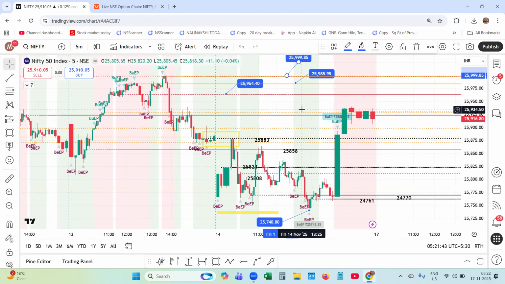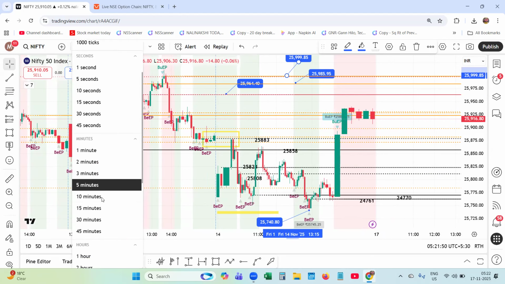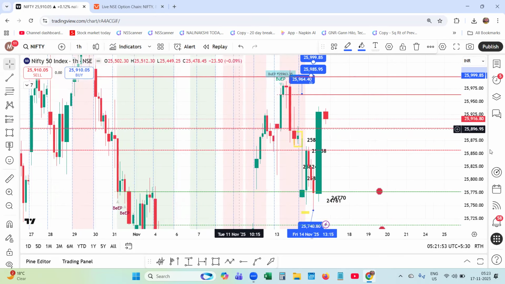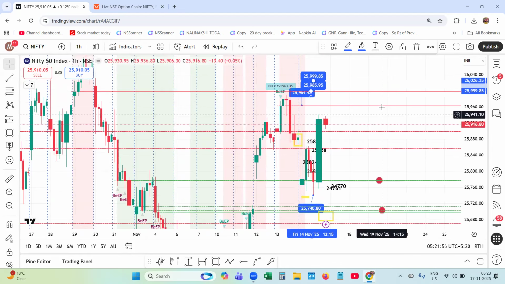For tomorrow, today's trade, let us go to the hourly chart and see who is dominating on the higher picture. So this is the dominant 25,963. We have already plotted 25,985 and 25,999.